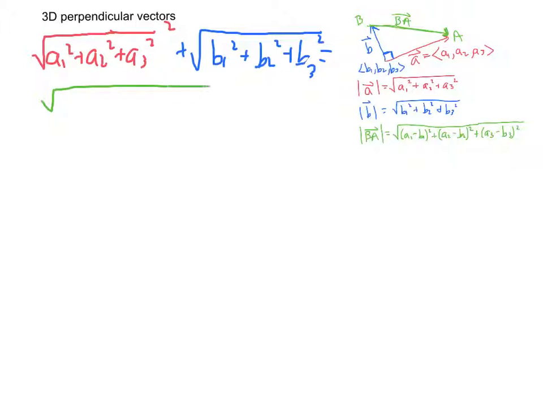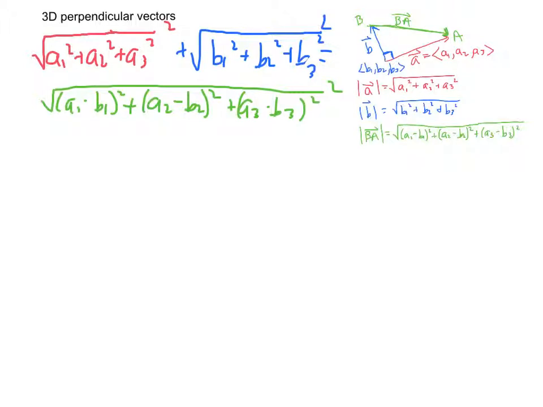So our C squared is going to be this stuff: A1 minus B1 squared plus A2 minus B2 squared plus A3 minus B3 squared, and then all of that squared. So we've got our Pythagorean Theorem. Looks like I forgot a squared on this blue guy here. A squared plus B squared equals C squared.